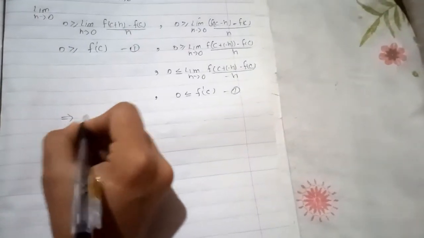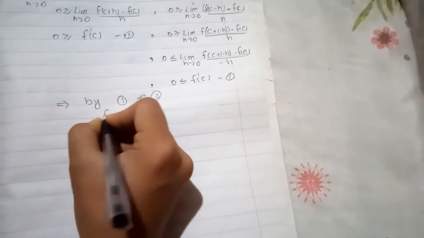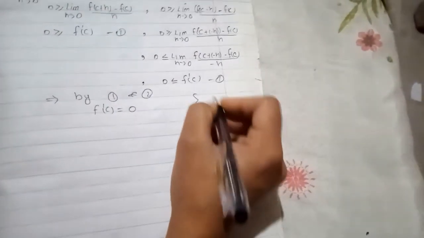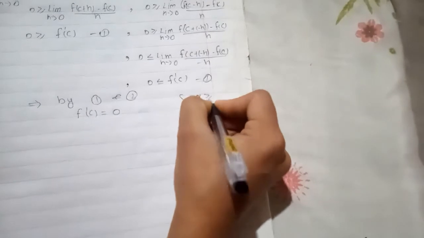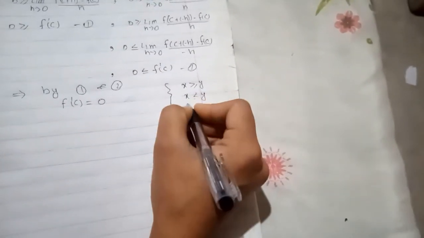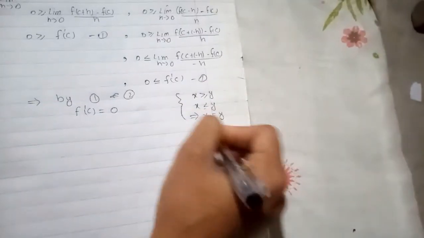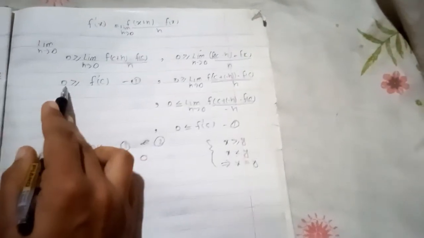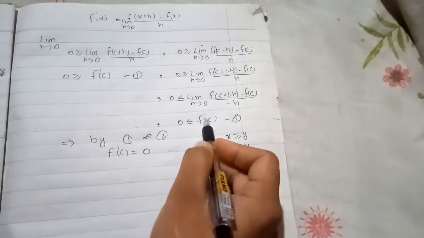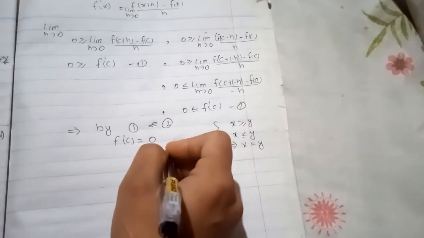Then we say that by inequalities 1 and 2, f'(c) must be equal to 0, because if we have x greater than or equal to y and x less than or equal to y, then we can say that x is equal to y. So according to this condition, if 0 is greater than or equal to f'(c) and also 0 is less than or equal to f'(c), then we can say that f'(c) is equal to 0.